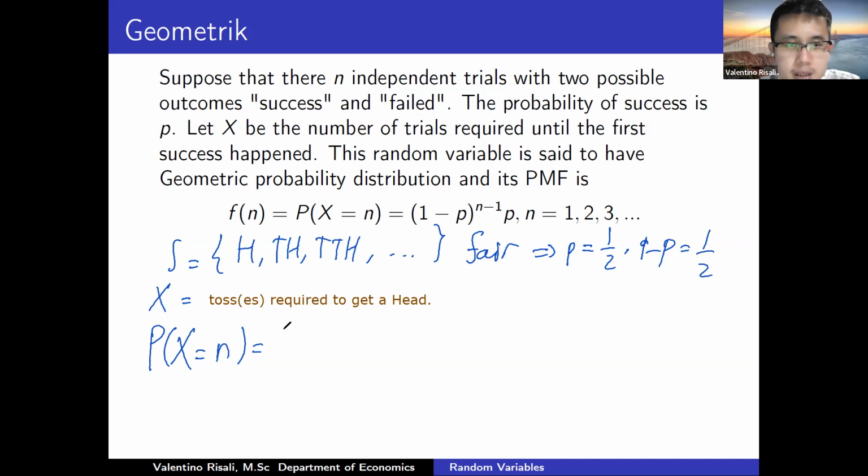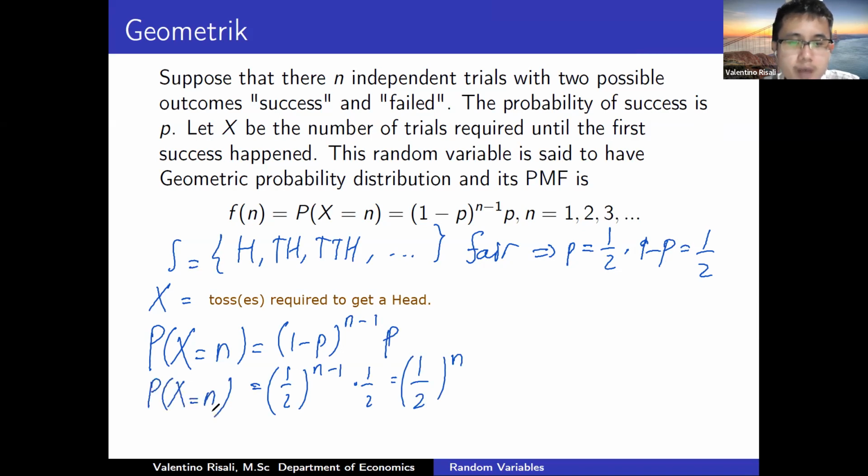They are the same. So our definition is like this: a half to the power of n minus 1 times a half, that is a half to the power of n. This is the PMF of our previous example of tossing a coin until we get a head.